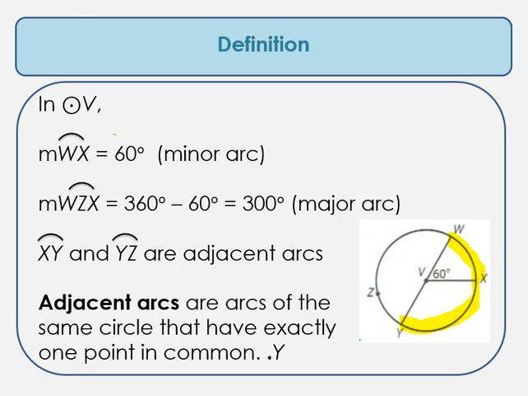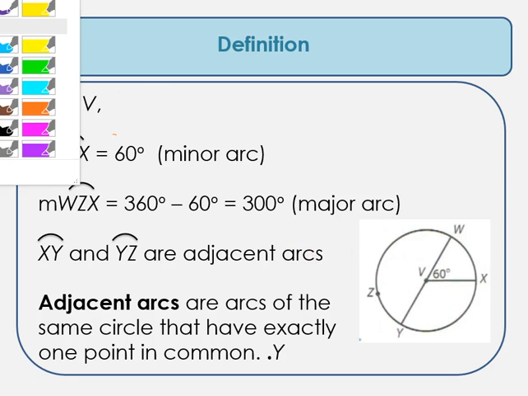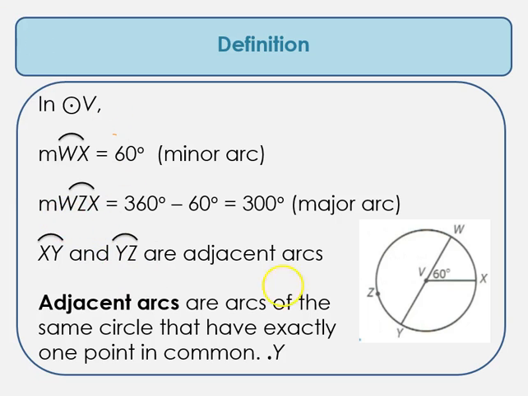So let me go ahead and erase this part, and we'll highlight what we need for this explanation. So the measure of arc WZX, which is our major arc, will be 360 minus 60 degrees, which is 300 degrees.